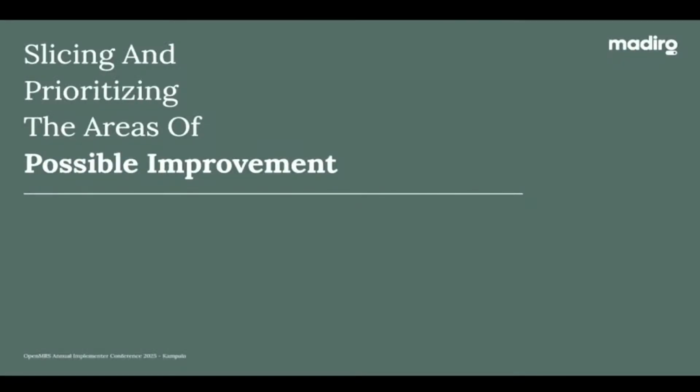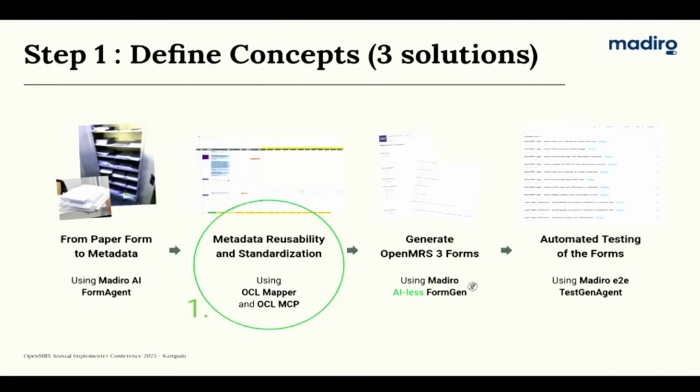So what we did together was to slice and prioritize the different steps of improvement that you have in the process. If I summarize, like we've seen before, you have your paper form, then you might have some spreadsheets or any way to digitalize your metadata or your concepts.